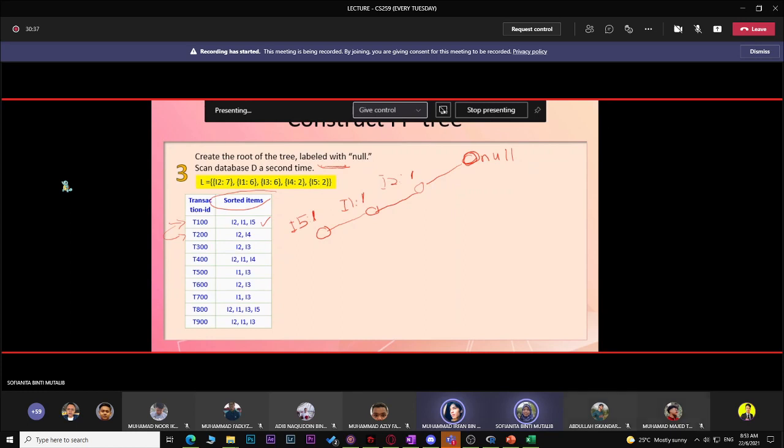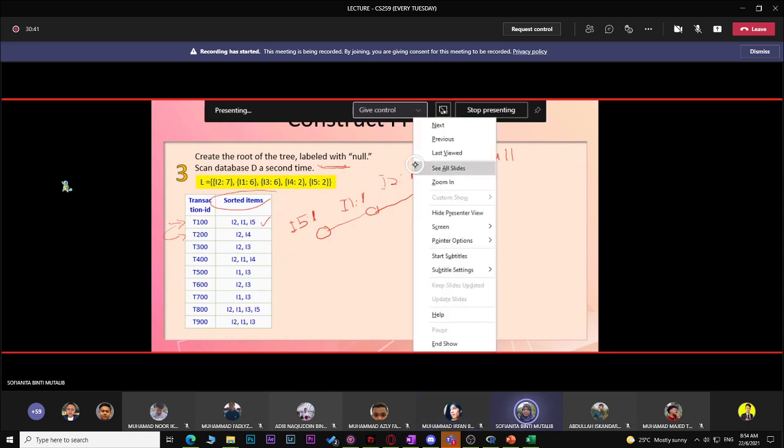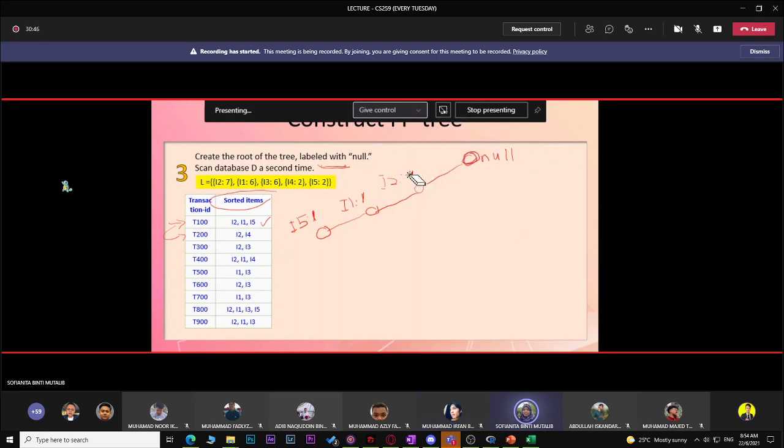So I2 tu akan jadi 2. Betul, pandai. Okay, so di sini akan jadi berapa? 2. Okay, and then there is no I4 here kan? Betul tak? Okay. Yes. Okay, then you have to add a new node.